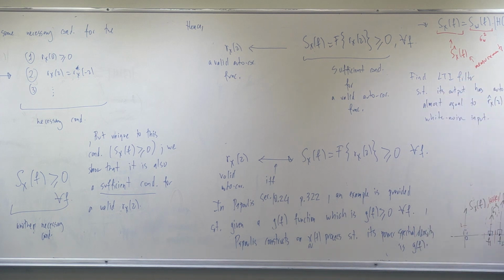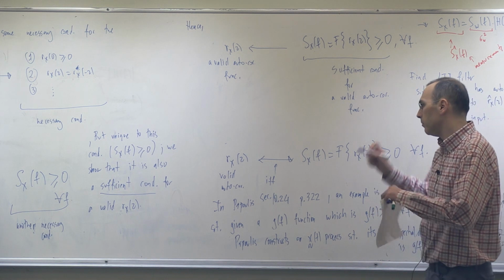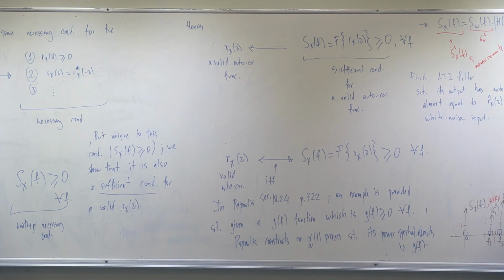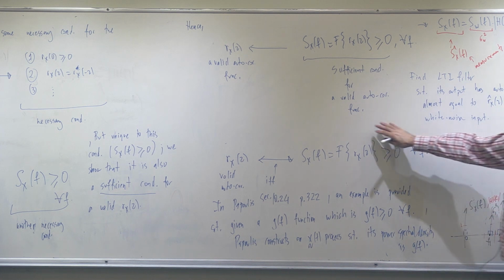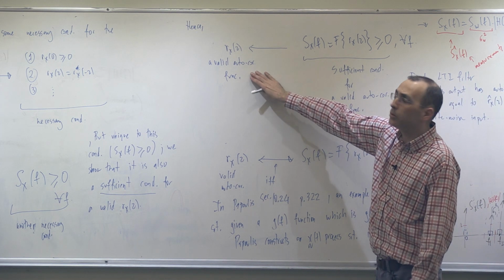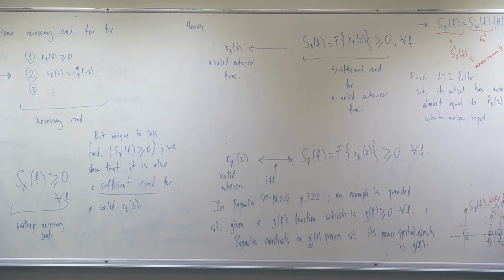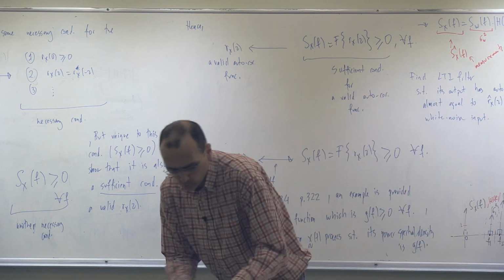Okay. So this is what we want. This is nice to know, but we are not interested in the proof of this. I'm just mentioning it because of its importance in terms of validity of autocorrelation functions and its relation with power spectral density.